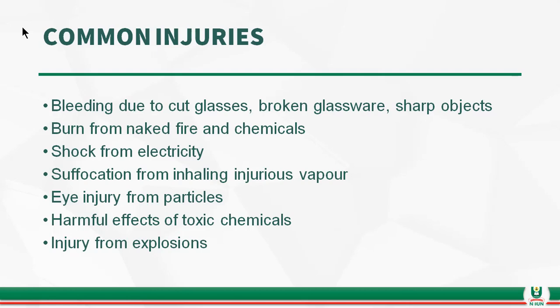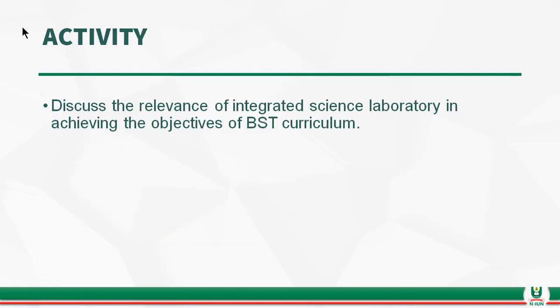Shock from electricity can cause injury. Suffocation from inhaling injurious vapor, like toxic chemicals and inflammable chemicals, the gases in the lab, and so many other fumes can suffocate students. So those are the injuries that can occur in the laboratory.